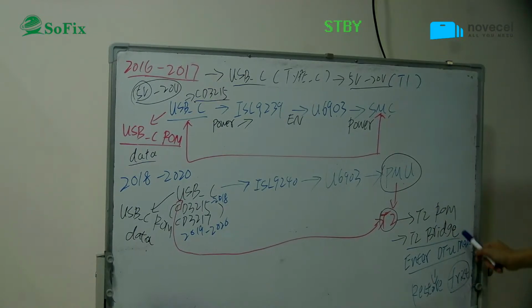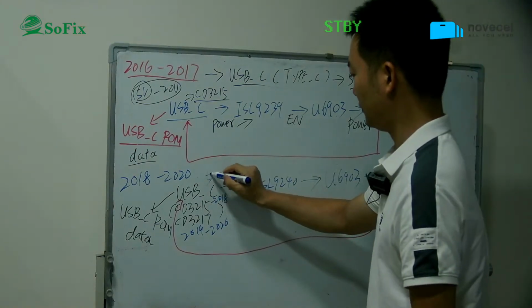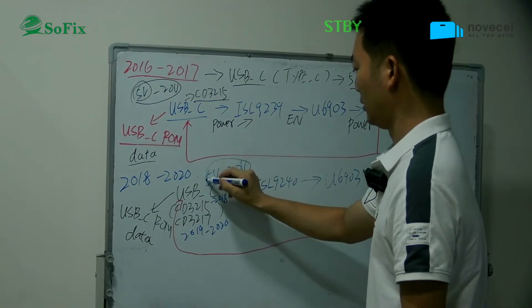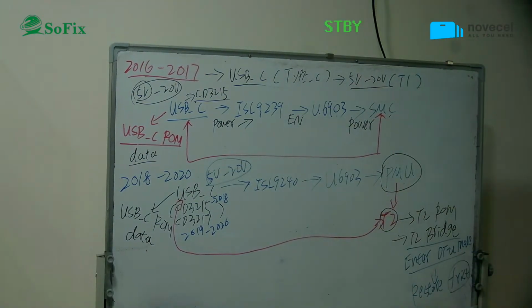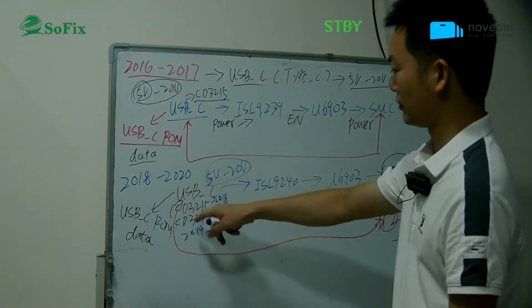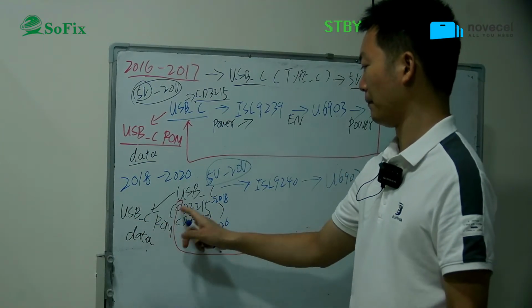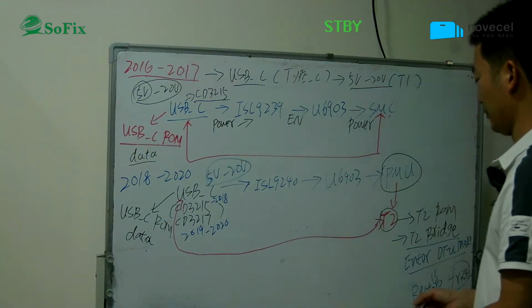So this is about the T2 socket, then boosting the 5V to 20V. When the communication of the data is normal, then the T2 bridge OS is okay. Then communication of the data goes to the USB-C ROM. The USB-C chip reads the ROM data normally, then 5V goes to 20V.